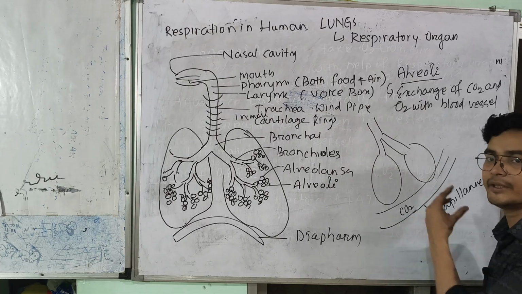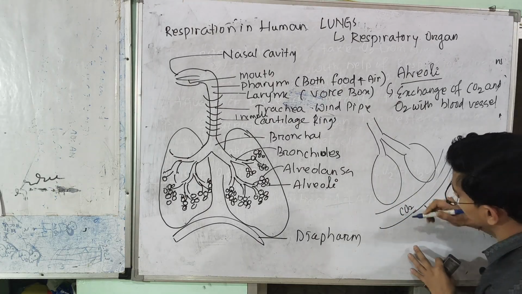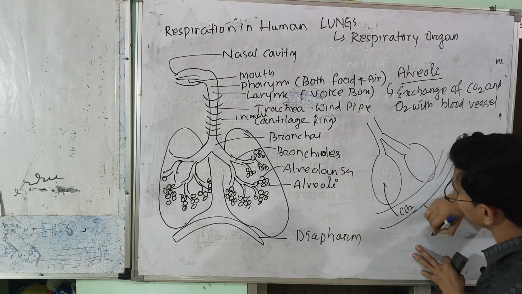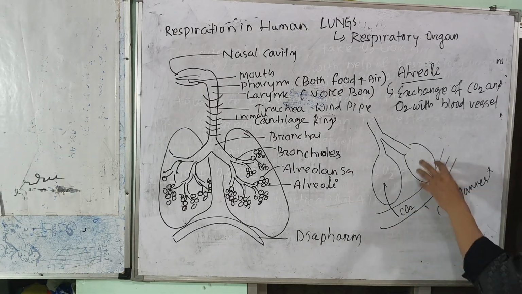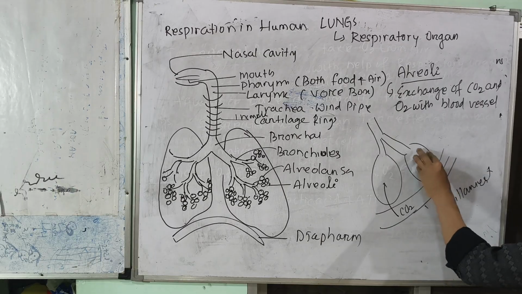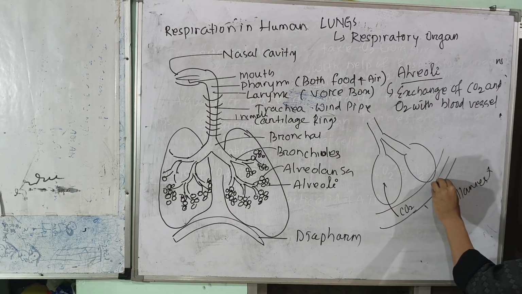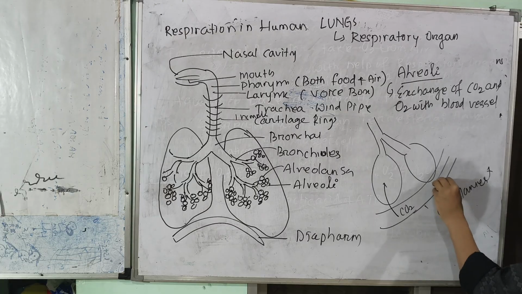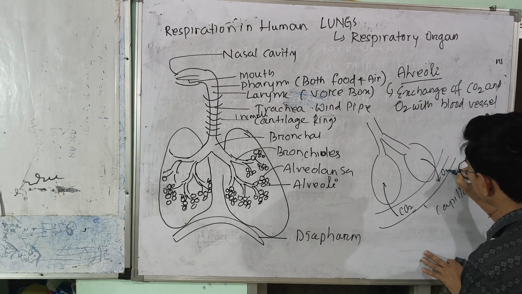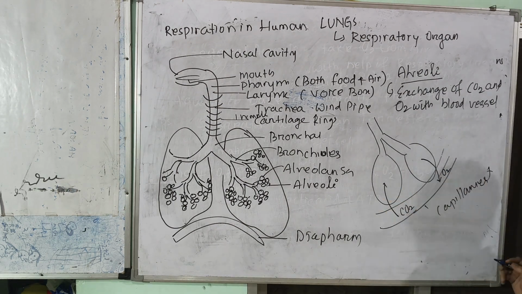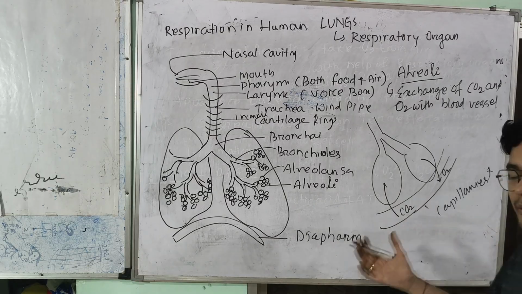So what happened here? Through the process of diffusion, the carbon dioxide enters into the alveoli. Oxygen concentration is high in the alveoli, and low in the capillaries. Oxygen also comes into the capillaries and carbon dioxide enters the alveoli.